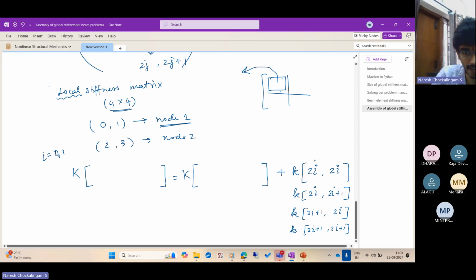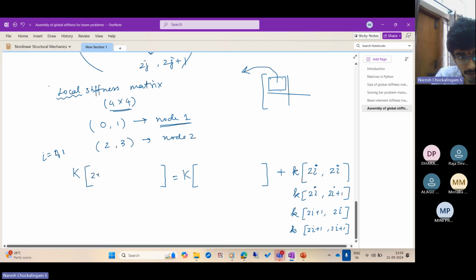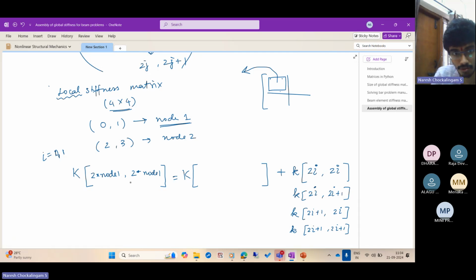So this will go to 2 times node 1, comma 2 times node 1, right? So what is node 1?